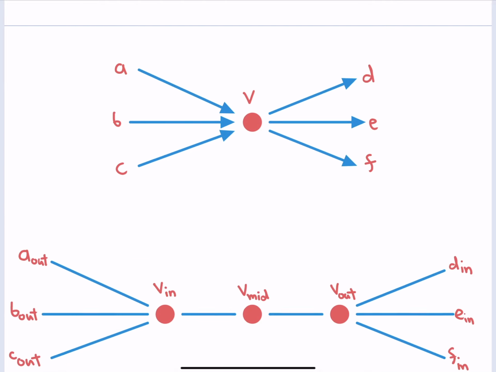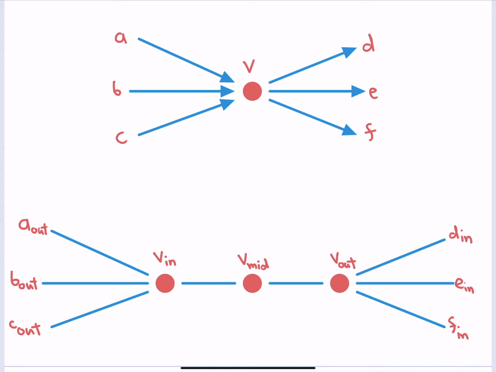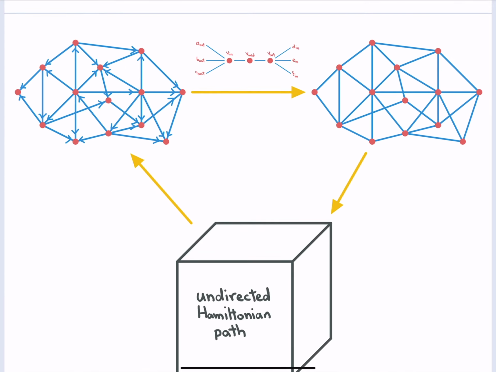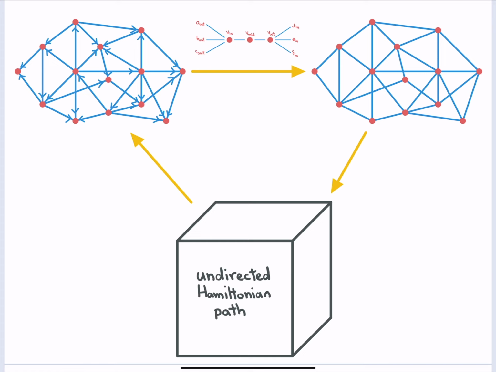So that's it. You just add this middle vertex and you split them up. And then you do the Hamiltonian argument that I won't do. So that is the construction.